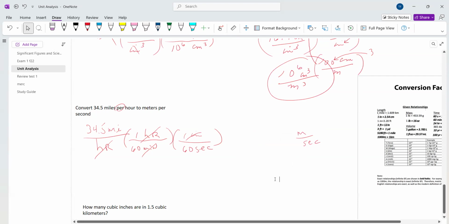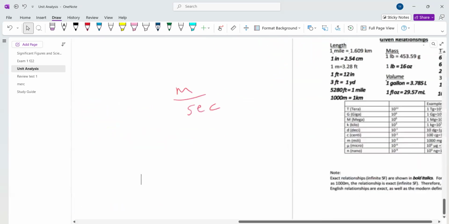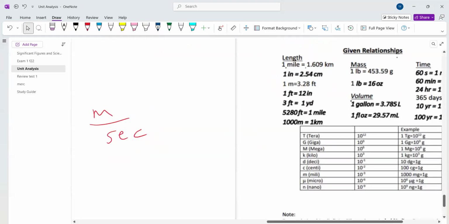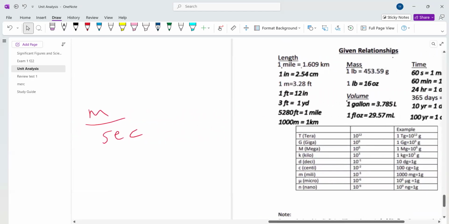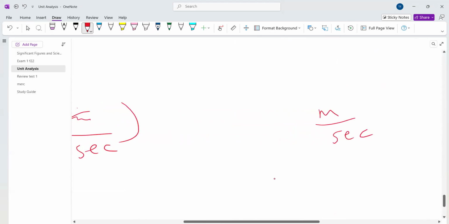Okay, so we need to go miles to meters. Okay, so we've got miles to kilometers over here. And we can go kilometers to meters. So 1609. One conversion factor.